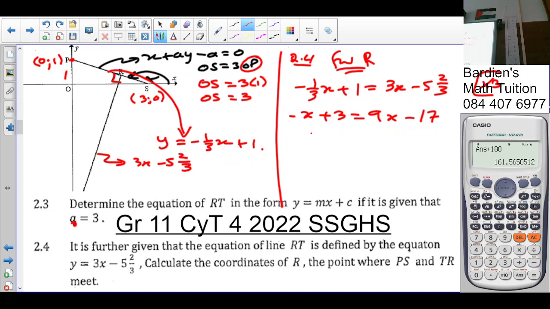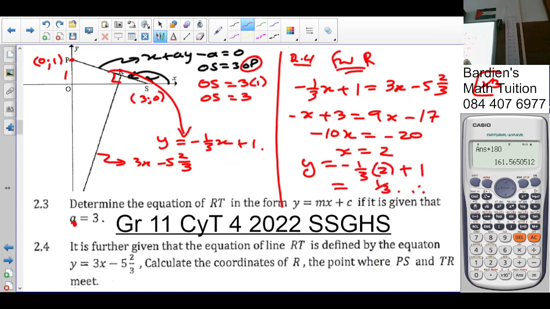X is one side, numbers the other side, so negative 10x is equal to negative 20. So x is 2, is that correct? So y is equal to, I can go with any one of the two, so it's going to be negative a third times 2 plus 1. It's going to give you an answer of a third. So therefore R is 2 and a third.